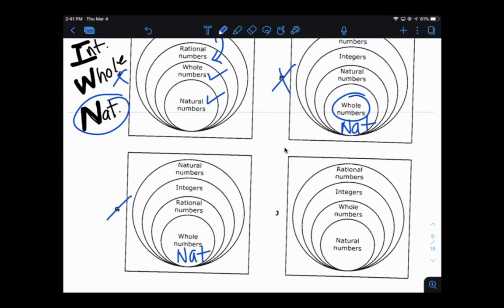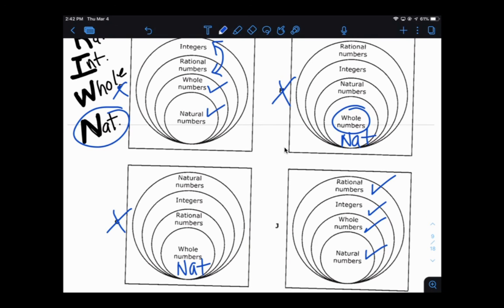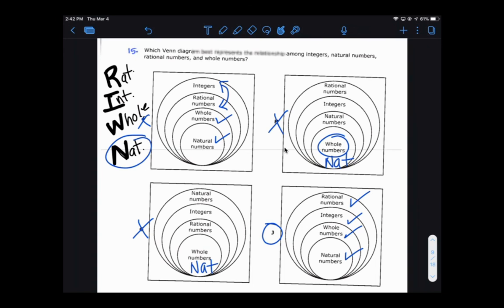No, no, no. Then here, natural numbers, check. Whole numbers, check. Integers, check. Rational numbers, check. There you go. We have a winner, right? So if it helps you, remember never walk in reverse, going from the inner circle to the outer circles, to remember the classification of numbers: natural, whole, integers, and rational numbers.